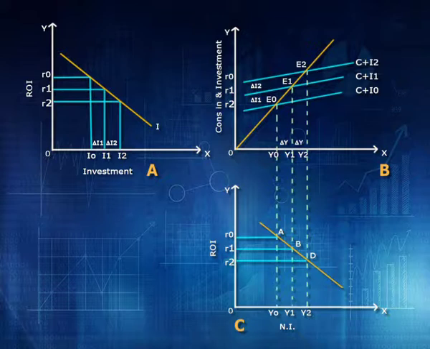This higher level of national income, Y1, is plotted against the lower rate of interest R1 by point B in part C. Similarly, if the rate of interest again falls to R2, investment increases to I2. AD curve shifts to C plus I2, where national income increases to Y2. This R2 and Y2 is represented by point D in part C. By joining the points A, B and D, the IS curve is derived.